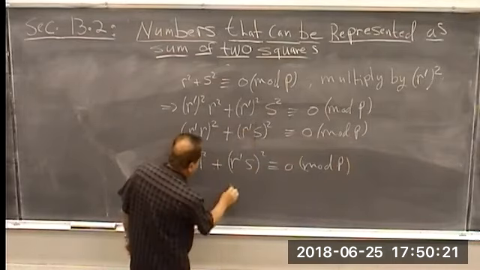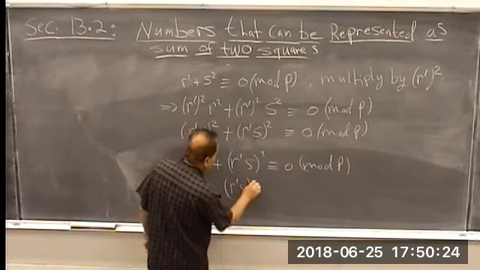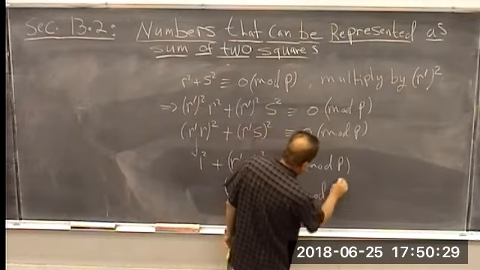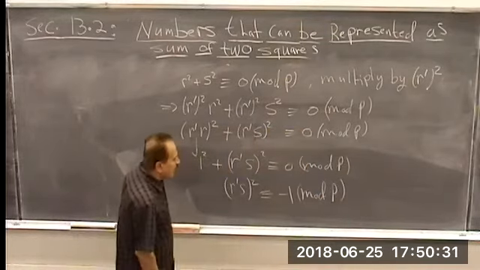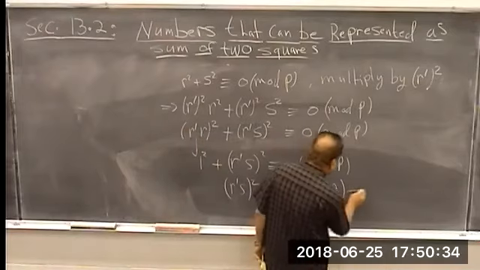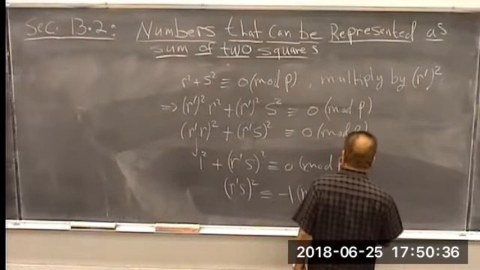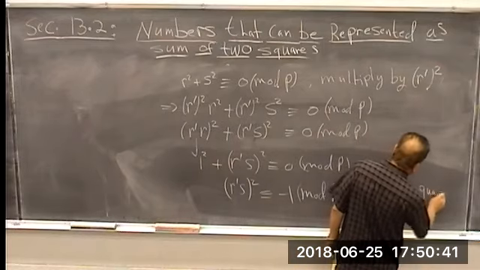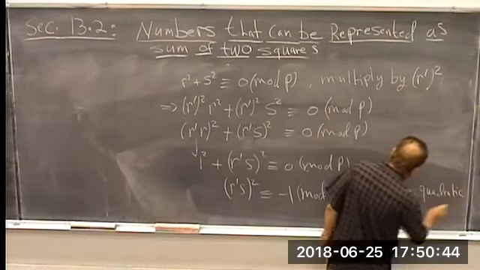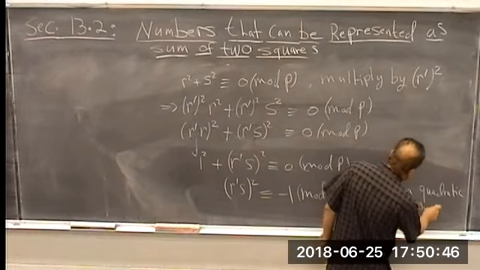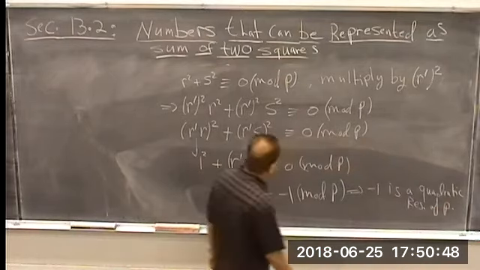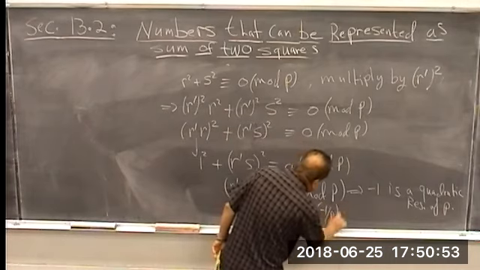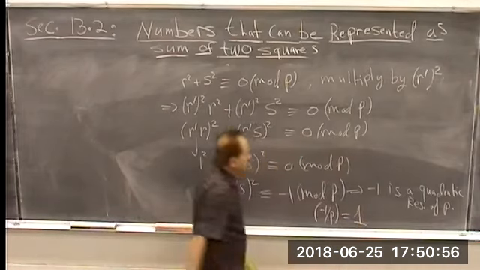And this means r prime s squared is congruent to -1 mod p, which makes -1 a quadratic residue. This implies -1 is a quadratic residue of p, and it makes the Legendre symbol of -1 over p equal to +1.